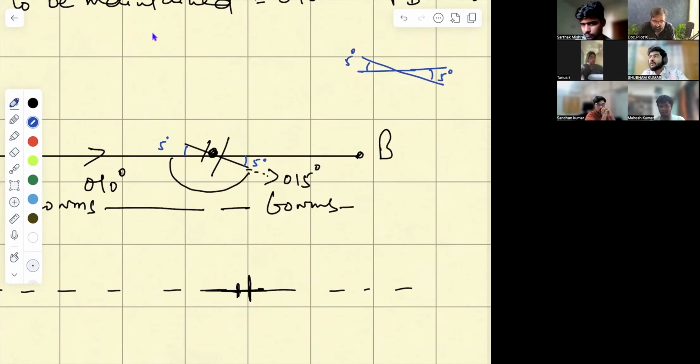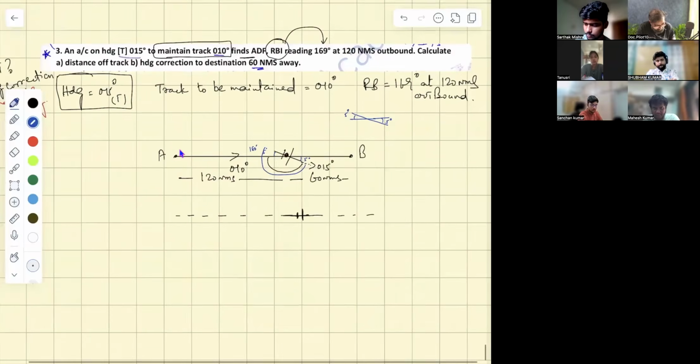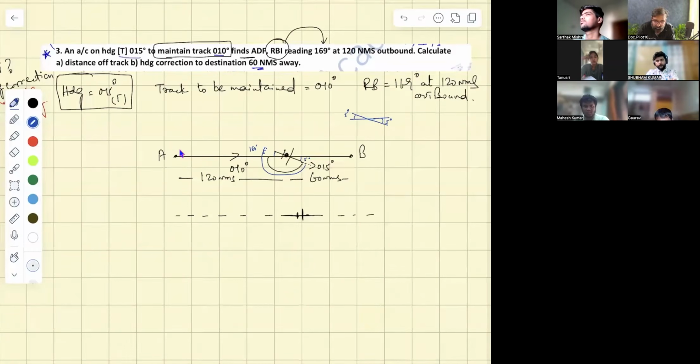So nose to tail in total is 180 degrees, but you want nose to station, right? You want only this much, the black line. So 180 minus this 5. So what will be my relative bearing if the aircraft is on track? 175. Very good.